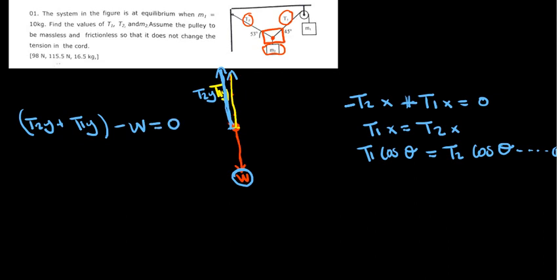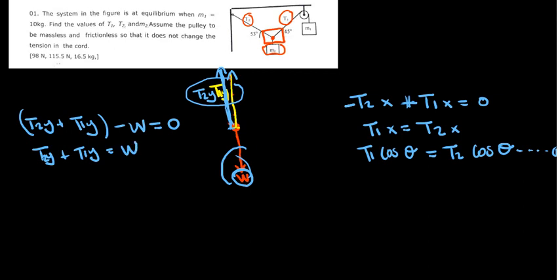Okay, what does that mean? If we subtract this weight force from these two forces which are here on top, they should be able to give us a 0. So what do I mean? Let's get rid of the negative part. T2y plus T1y should be equal to the weight force.